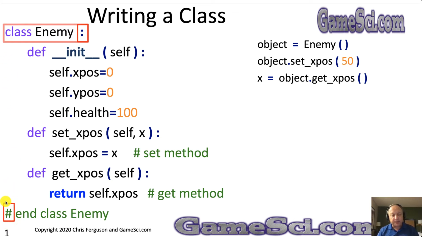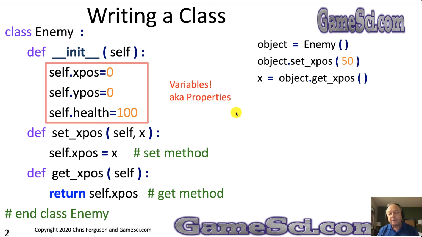That's why I drew a box here and a box here. That's the official start of class enemy, and this unindented line of code is the official end of class enemy. Anything between these two boxes will be part of the class and part of the object. Anything outside those boxes is not inside the class and will not be part of the object.